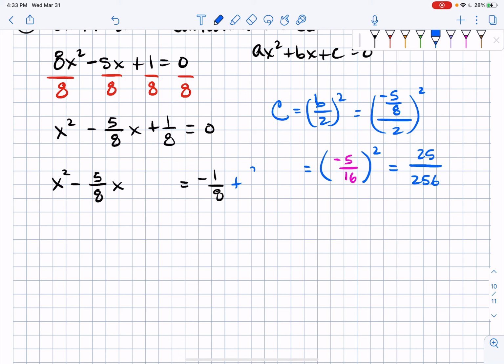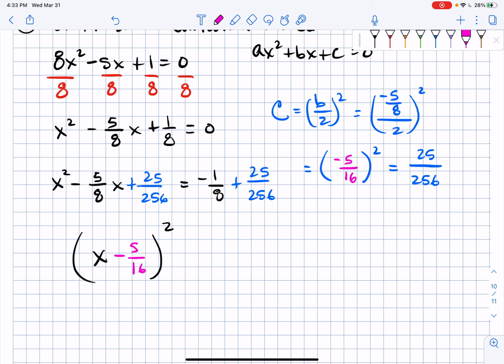So I got to add 25 over 256 on both sides. And then when I factor the left side, I'm going to have x minus 5 over 16 squared is equal to negative 7 over 256.